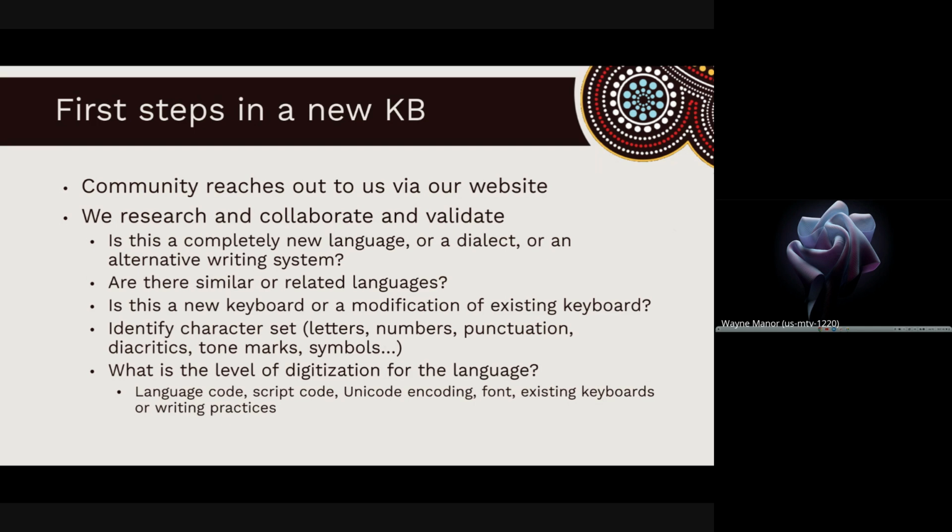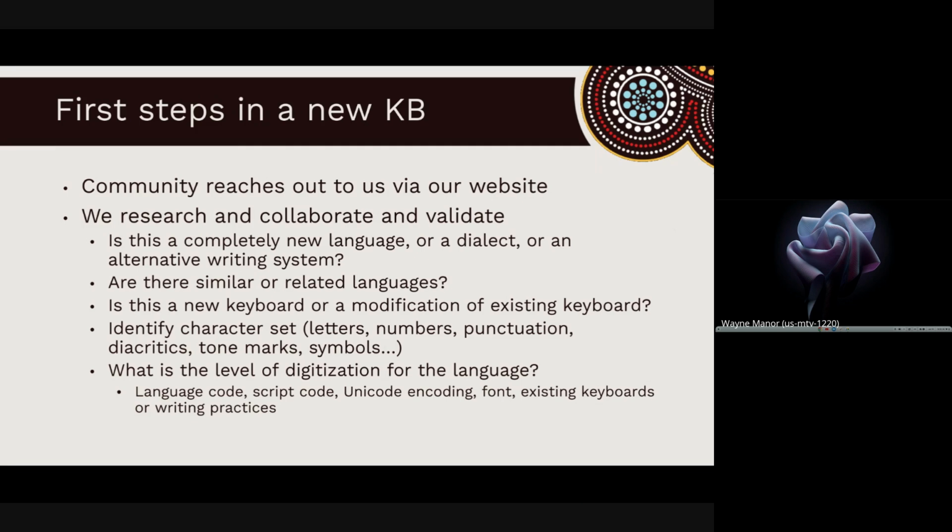So we have to ask all of these questions, and we try to work, if the language is standardized already, we try to work within that space. If it's not, then maybe we have to set in motion, one, to understand the writing system, but also maybe we can set in motion getting the language standardized in some way.